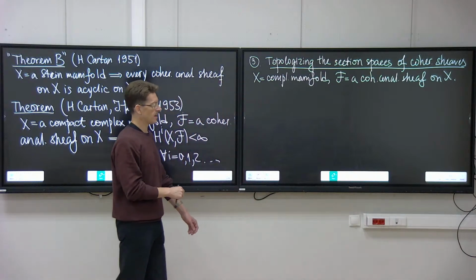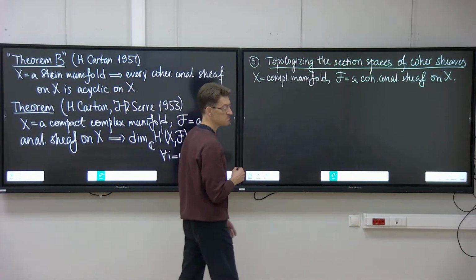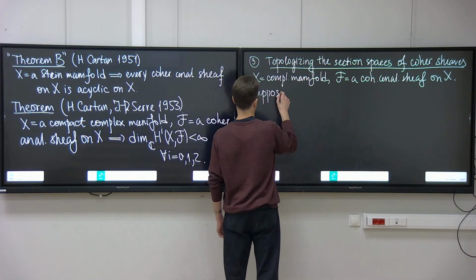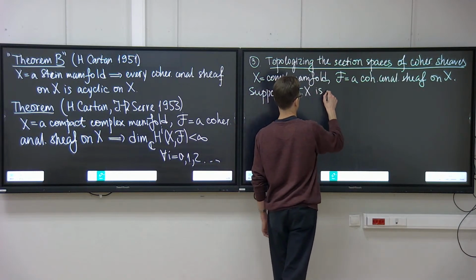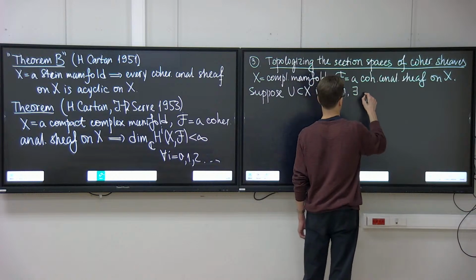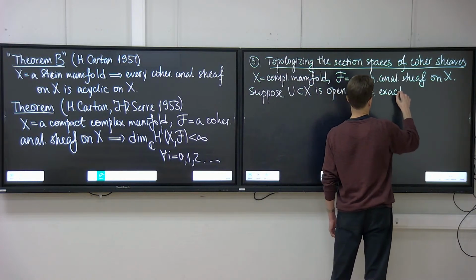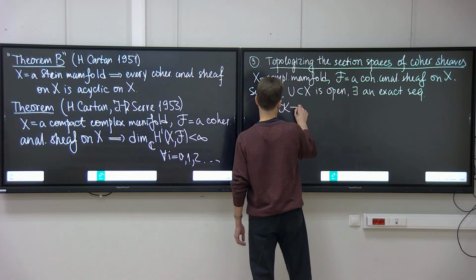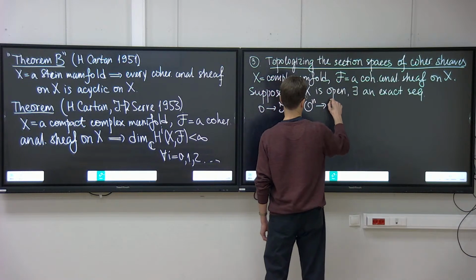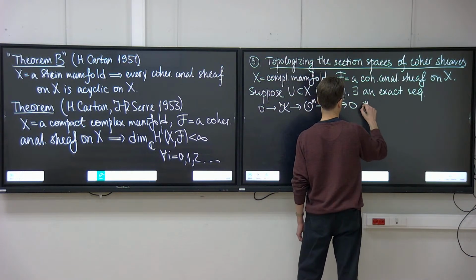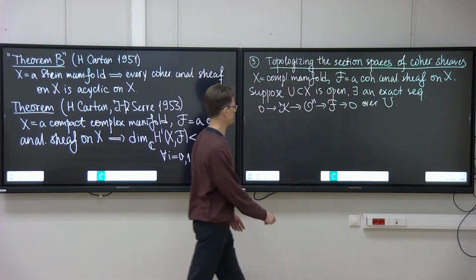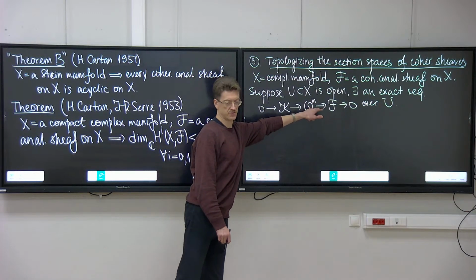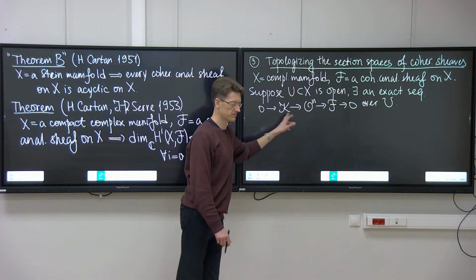First of all, we take a small open set which appears in the definition of a coherent sheaf. So suppose U is an open set, and suppose there exists an exact sequence of the following form over U. So K is, this arrow appears in the definition of a coherent sheaf, and K is just the kernel of this arrow.